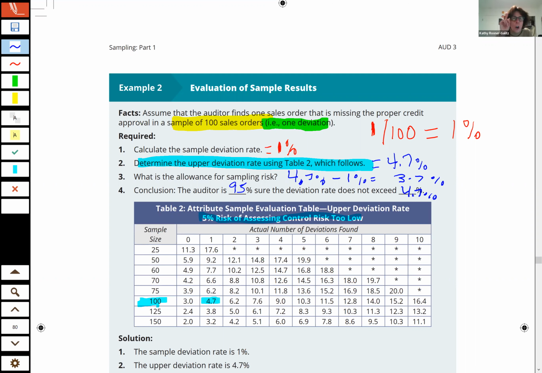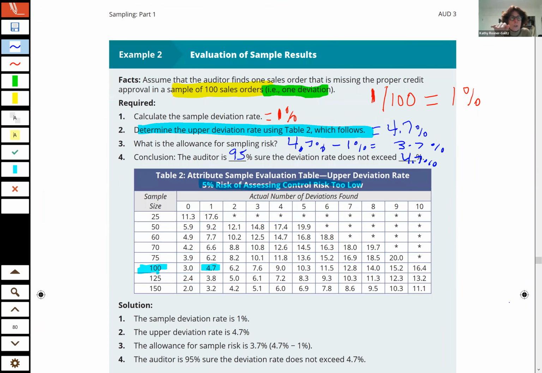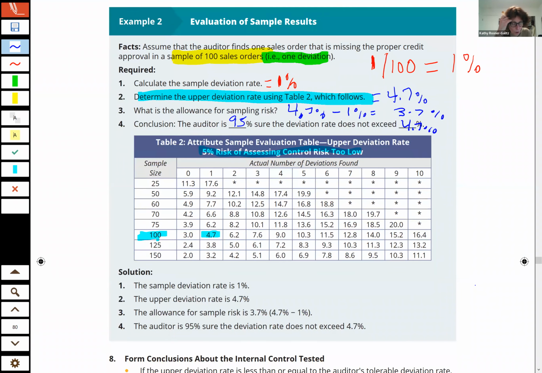So then there are charts for assessing control risk too low, correct? There are charts about this, like the AICPA puts them out or something like that. I'm looking at a chart that says 5% risk of assessing control risk too low.